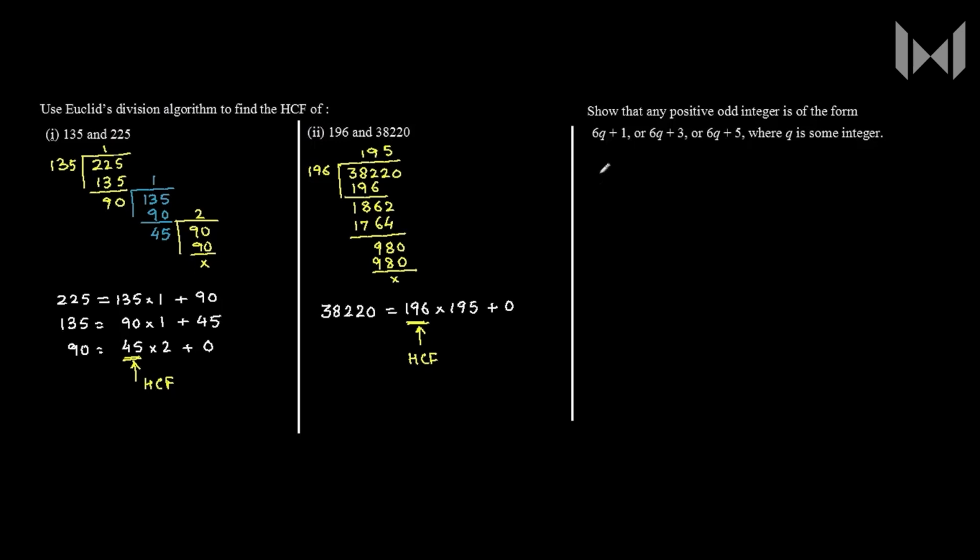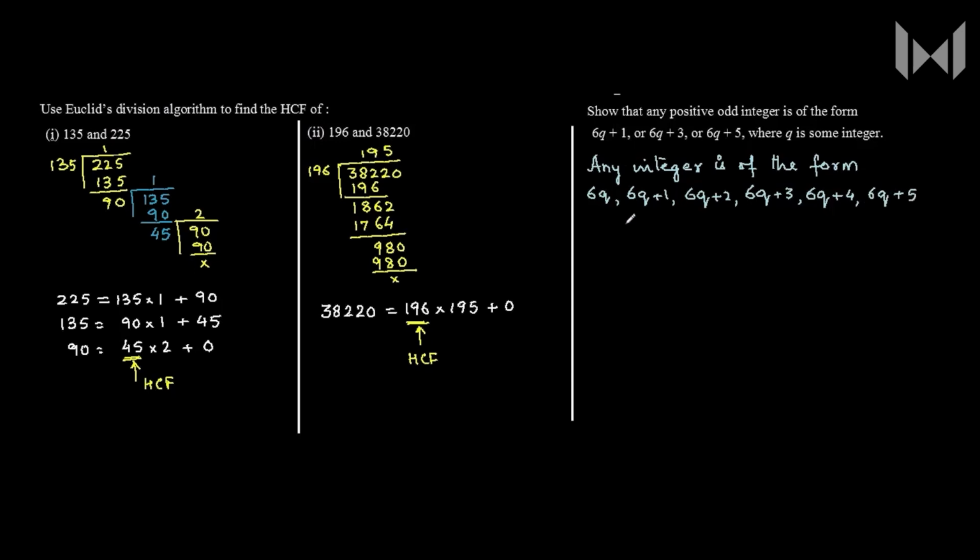So we shall write any integer is of the form 6q, 6q plus 1, 6q plus 2, 6q plus 3, 6q plus 4, 6q plus 5.